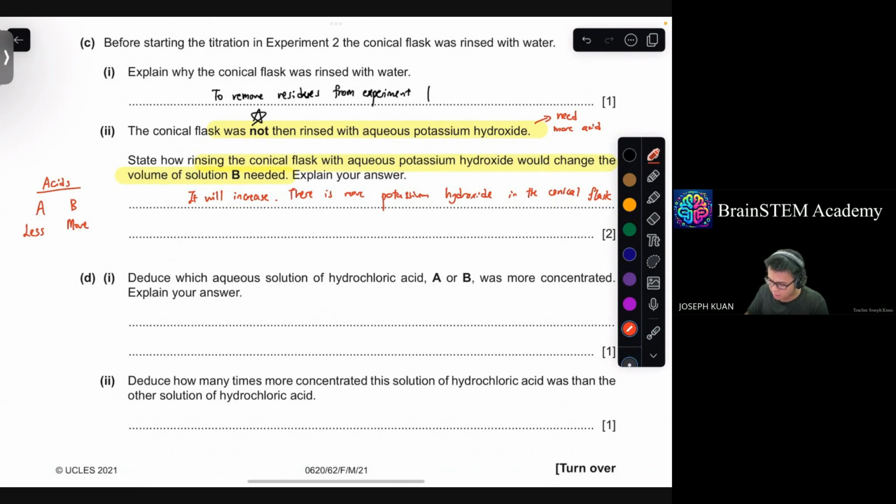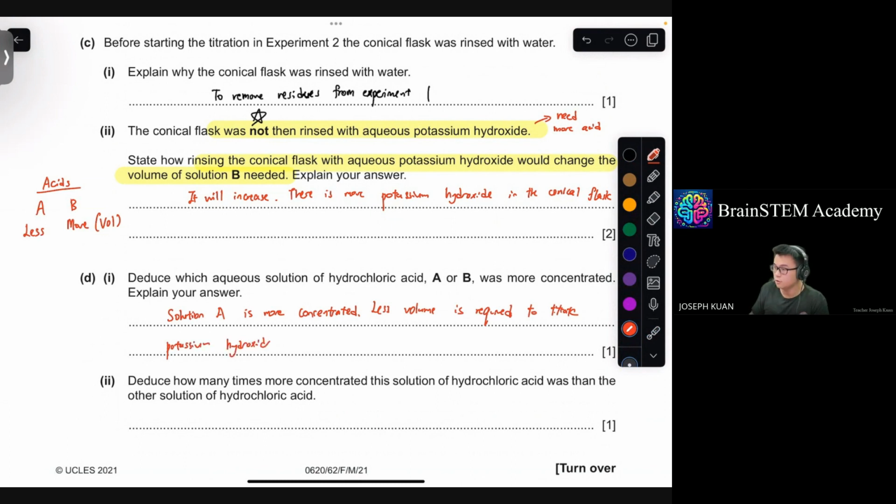So that means the concentration of A is way higher. So solution A is more concentrated. Why? Because less volume is required to titrate potassium hydroxide, compared to B.